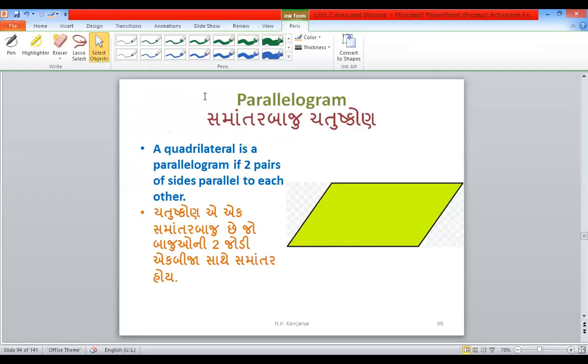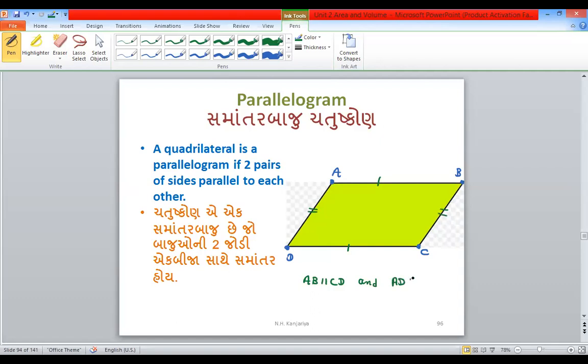look here. Suppose this is your quadrilateral and it is ABCD quadrilateral. Any two sides are parallel. These are the definition. That's mean this side is parallel to this one. This is AB is parallel to CD, and also this side is parallel to this one.